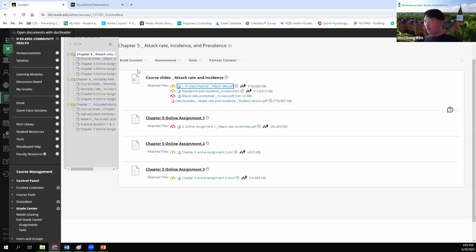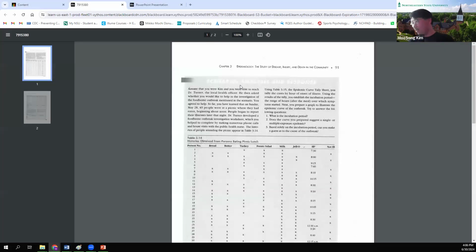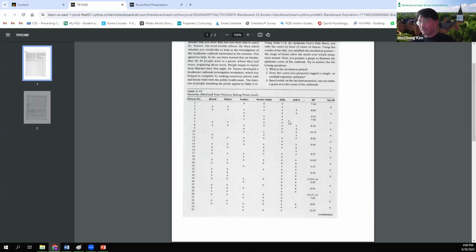For this one, here is the attack rate worksheet. Please download this. Okay, this is the attack rate worksheet. Table 3.14 here.